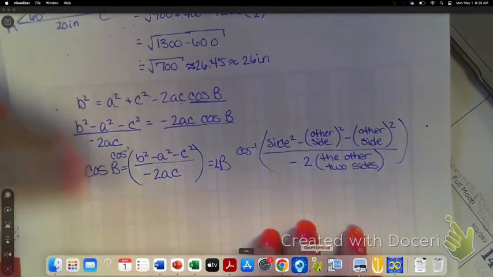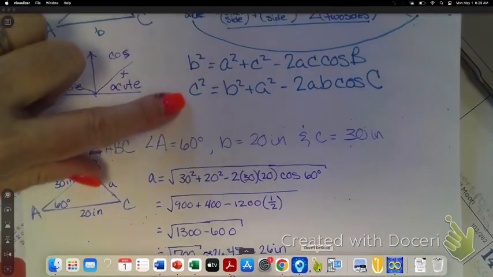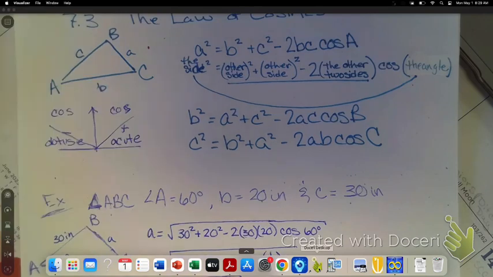Because I could rewrite it like I did up here all three ways. Do I want to rewrite it all three ways?